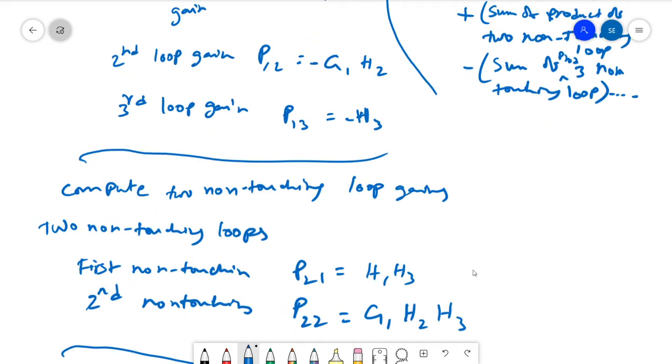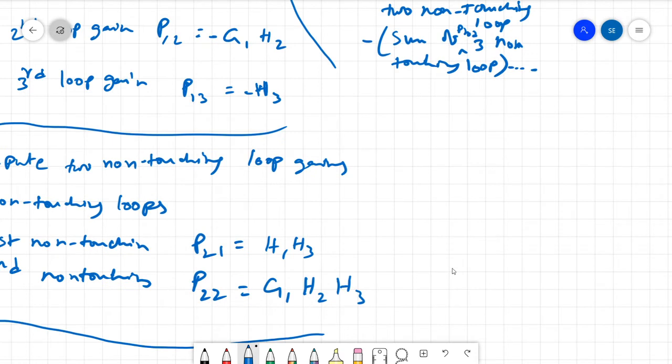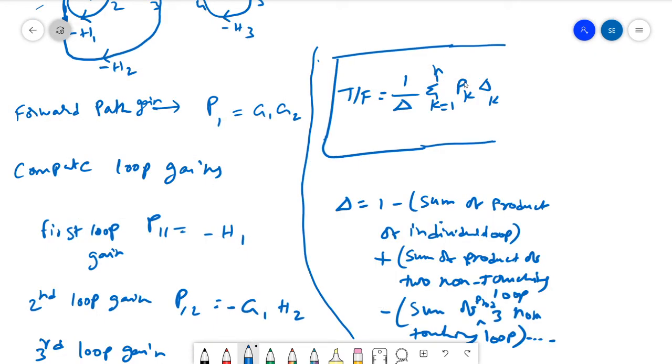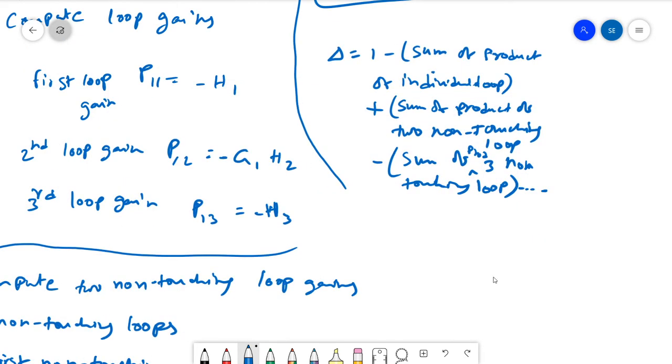Now what is left in the formula? We have calculated Pk and del, and we have to calculate del k. Del k is the determinant, represented as del k. Write it down.